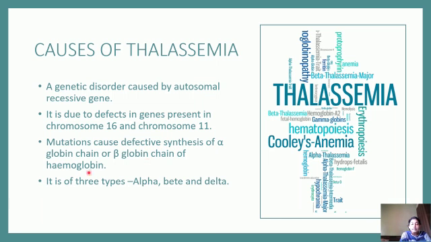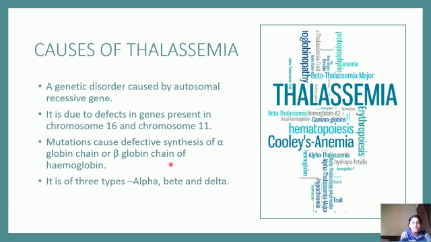We know that hemoglobin is a protein. So the alpha globin and the beta globin are subunits of the protein, forming part of the bigger protein hemoglobin. Hemoglobin is made up of 4 polypeptide chains, out of which 2 polypeptide chains are alpha globin chains and the other 2 are beta globin chains.